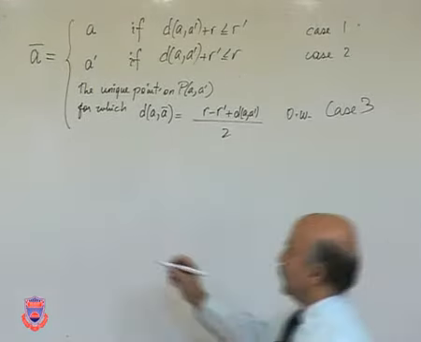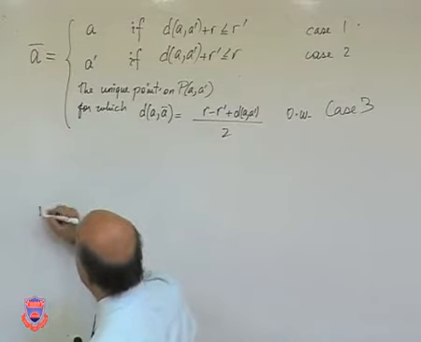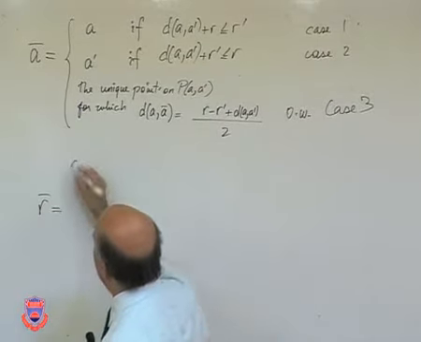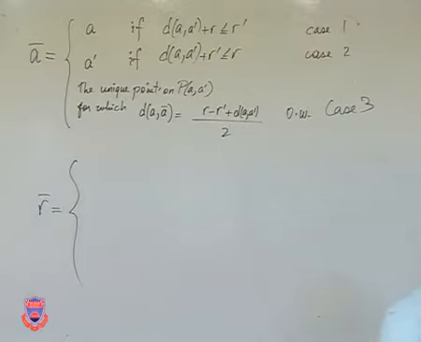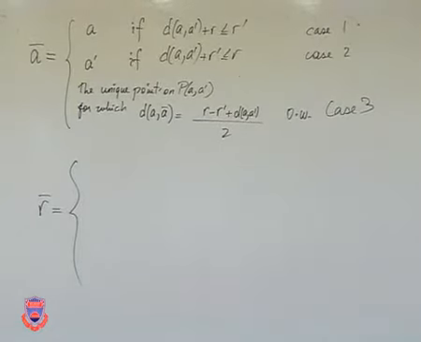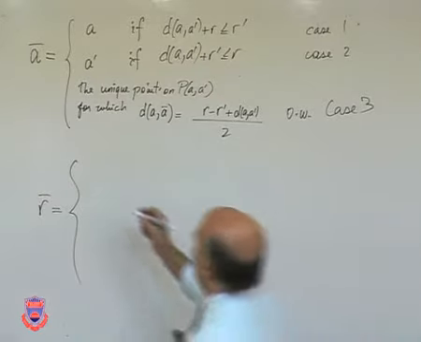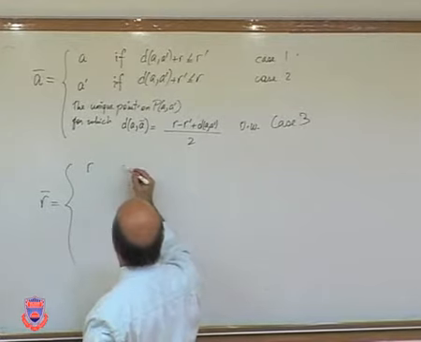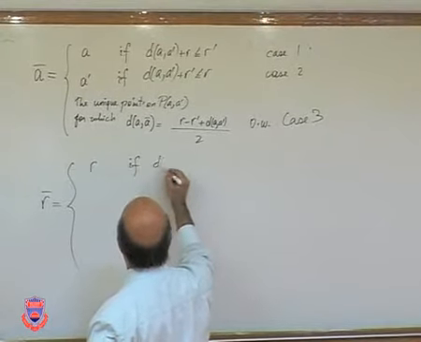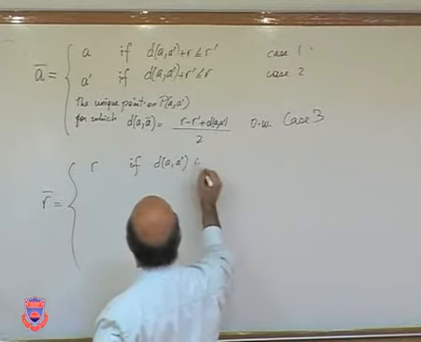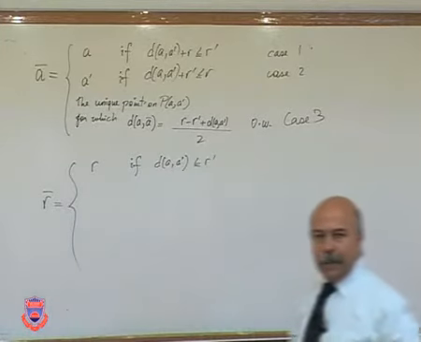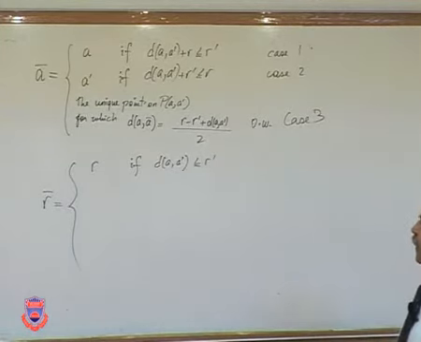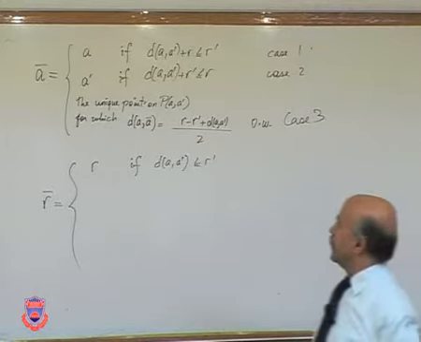What about now the definition of R bar? I'm saying definition, but it's outputting a point or a number. Okay? So in the first case, R bar is equal to R, right? Was equal to R for the case 3, not dA.